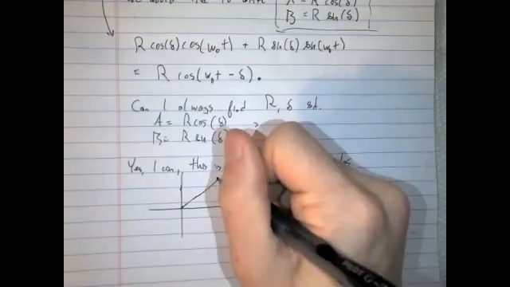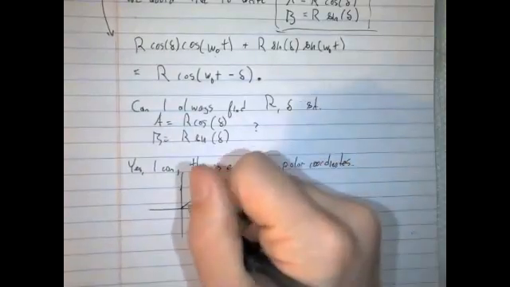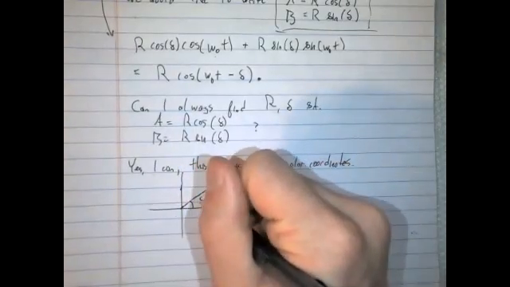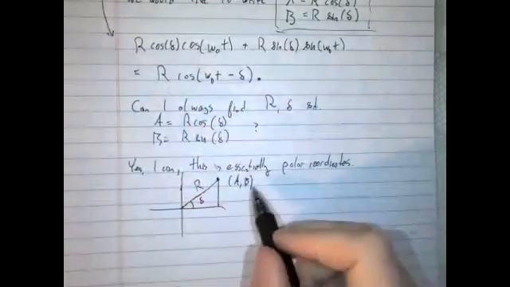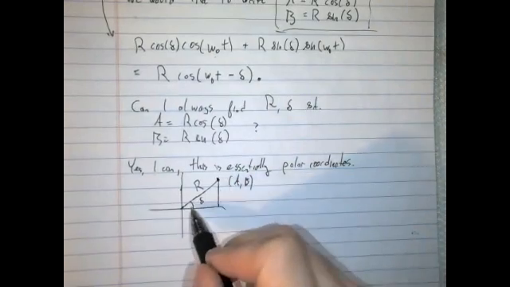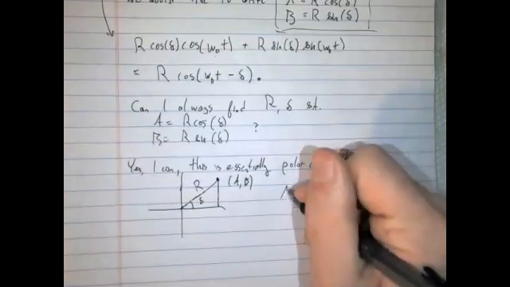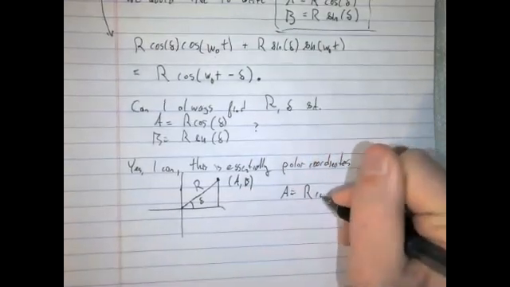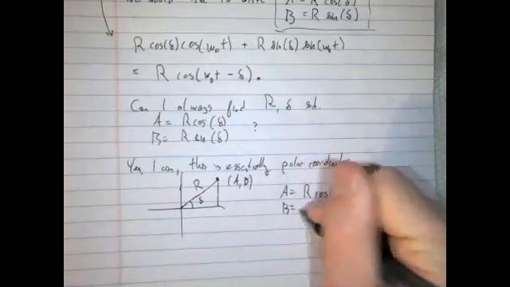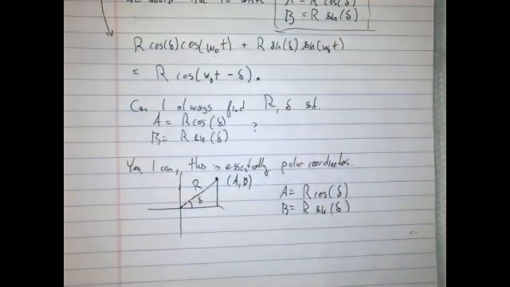And the answer is yes. Just look at how you would write the point A, B in polar coordinates. You're going to find some delta and some radius such that A comma B is radius R steps out at angle delta. And then by our regular trig functions, A is equal to R cosine of delta, and B is equal to R sine of delta. It's just the polar coordinate expression of the plane.